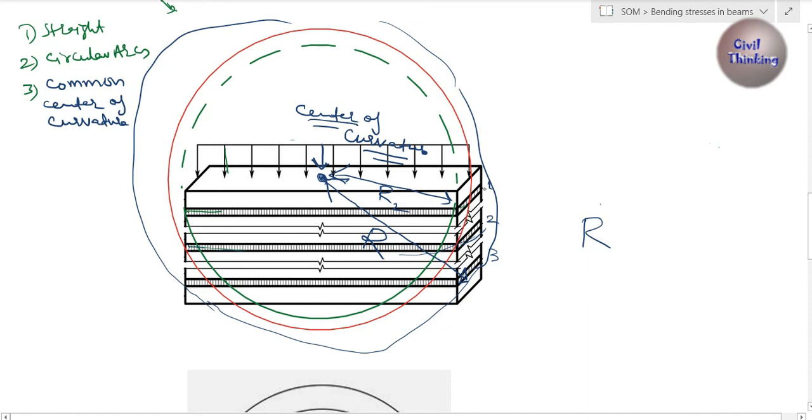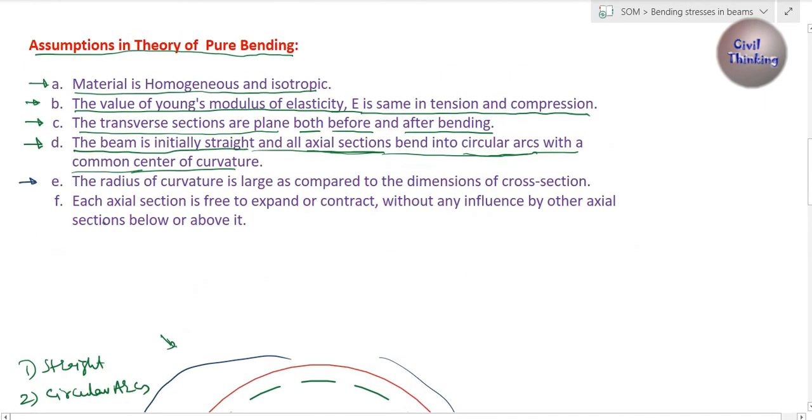Let the dimension of this cross section, whatever you see here, let me show you. This is the cross section. It will have a depth, suppose the depth is d. Now this r will be so much greater than d. The radius is more than the dimension of the cross section or transverse section. That's what the point is.